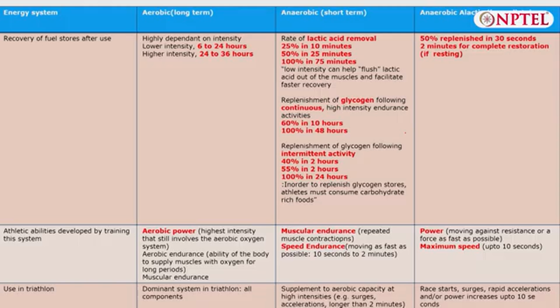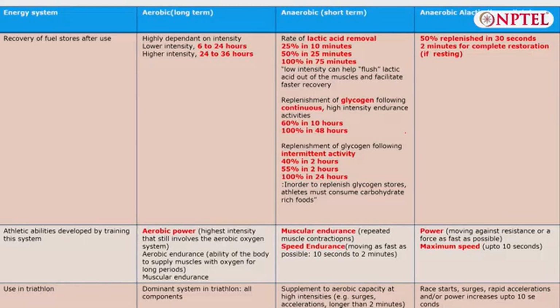And for anaerobic short term, that is the glycolytic system and lactic acid system, lactic acid removal is 25% in 10 minutes, 50% in 25 minutes and 100% in 75 minutes.